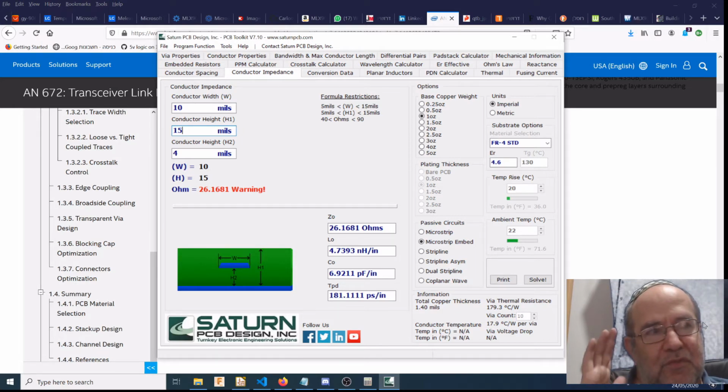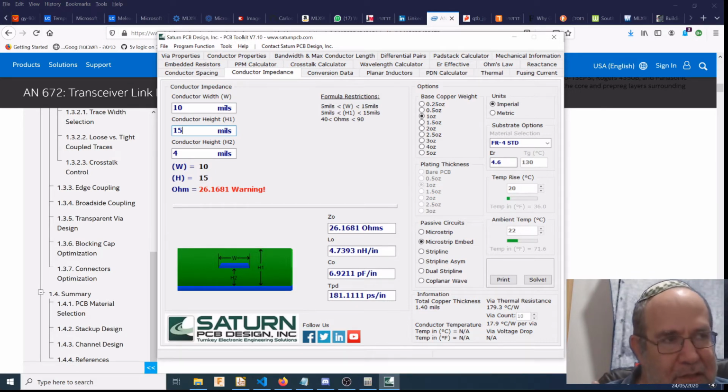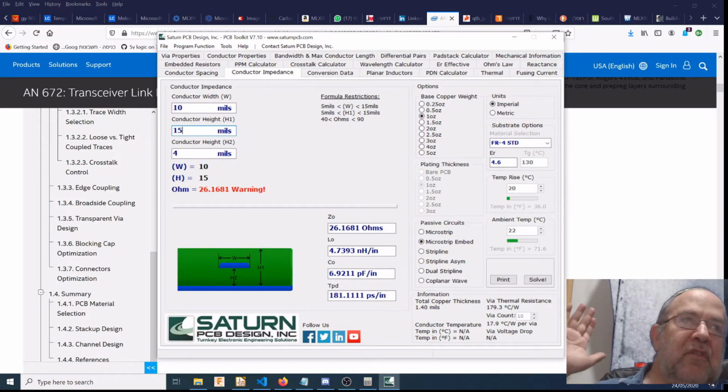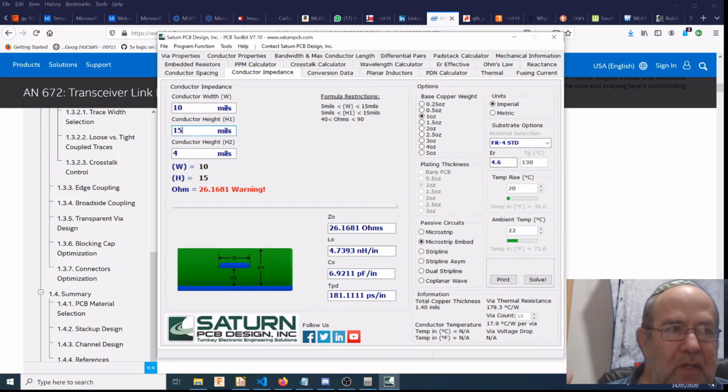I want to at this point talk about lengths and vias. So you want to keep your length correct going from your controller to your DDR chip.